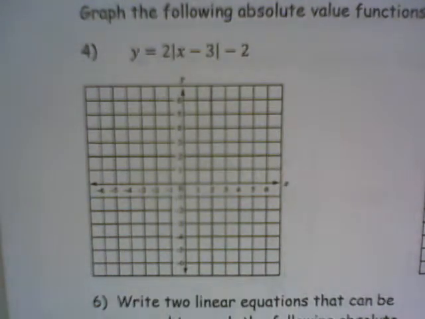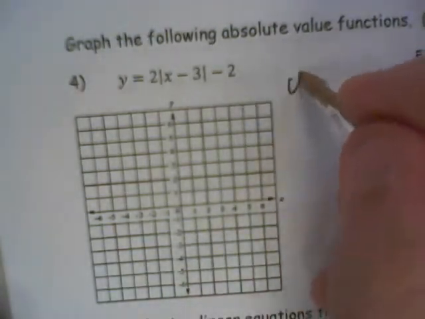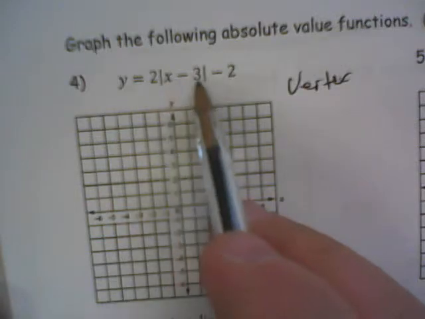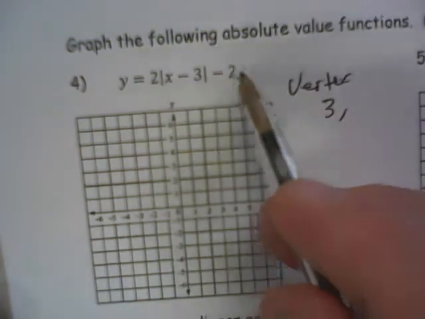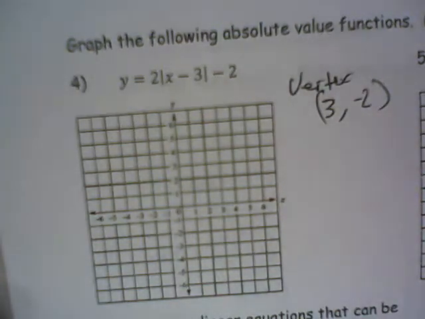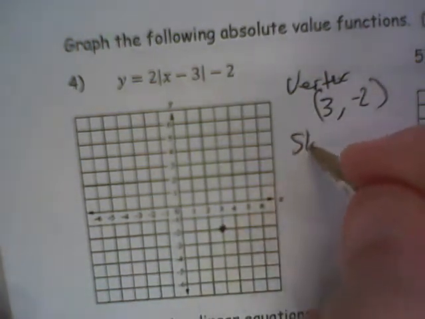We're supposed to graph that equation, and we know that the vertex can be found by -b over m. In other words, this is going to be +3 over 1, which is +3, and then the c value, which is -2. So the vertex is at the point 3, -2, which is right here.